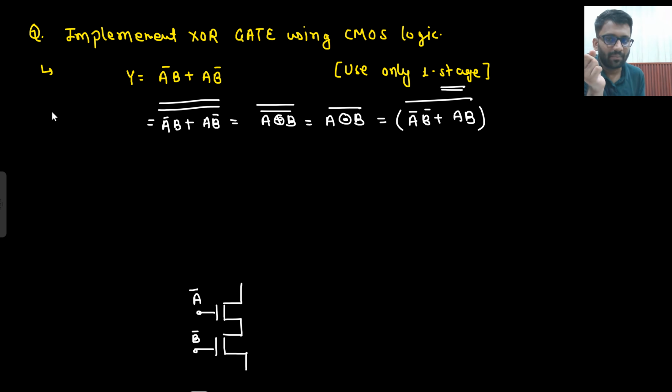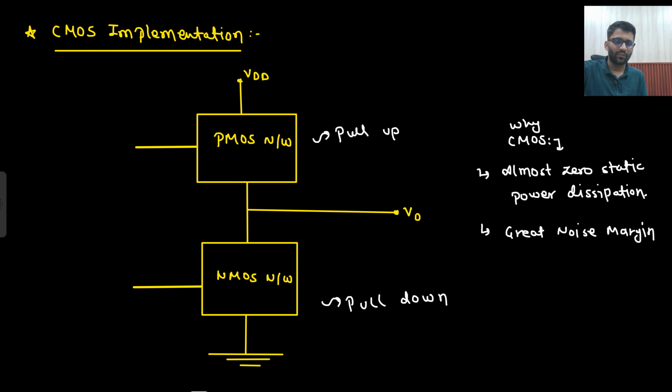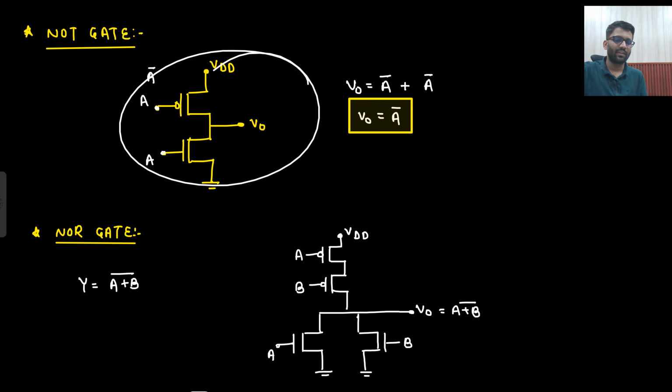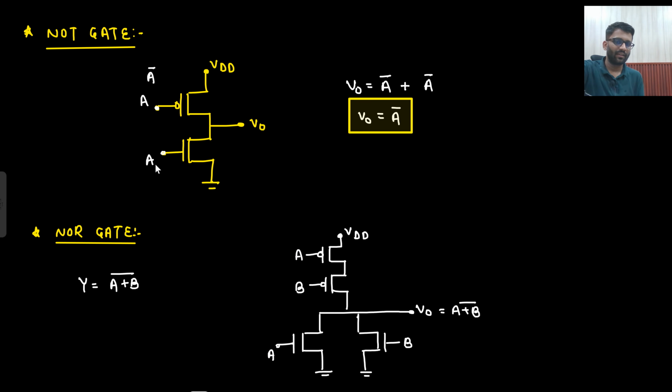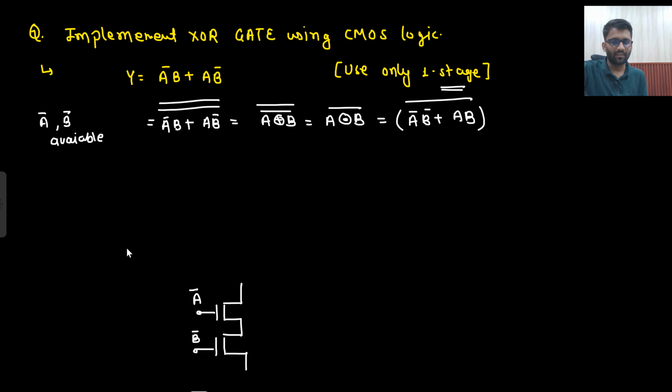They should tell that A bar and B bar are available. Otherwise for this as well you need to use another implementation. Basically to make A bar and B bar, you will have to use this configuration: you apply A here and you get A bar, you apply B here, you get B bar. But they will say that this is available. Then I can implement this in one stage only.